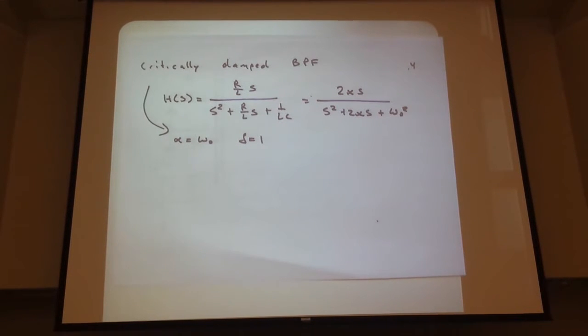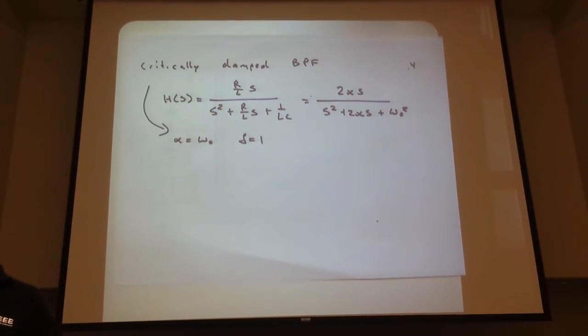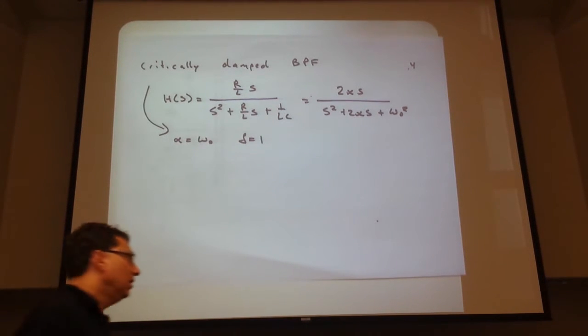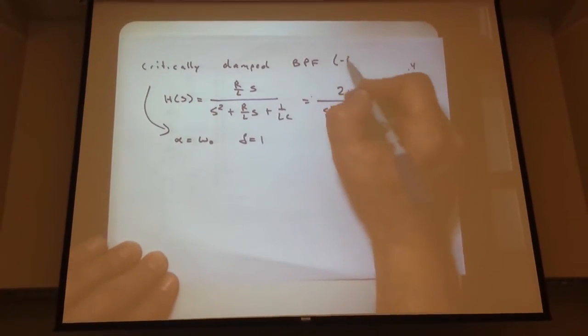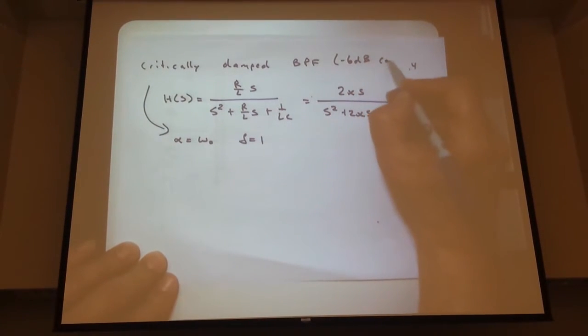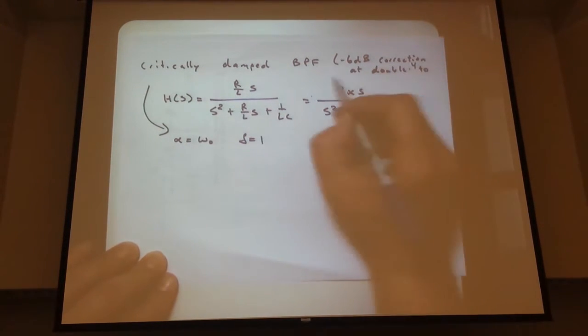Arguably, in our low pass filter and our high pass filter, for the straight line approximation, what is our correction at the double pole? Yeah, someone said it. You can say it louder. -6. So for a double pole, which is the critically damped case, we have a -6 dB correction to the straight line approximation.